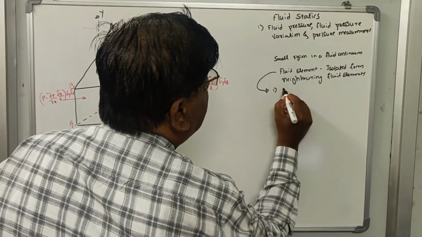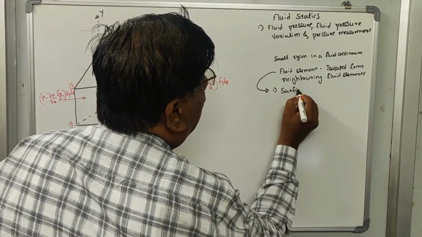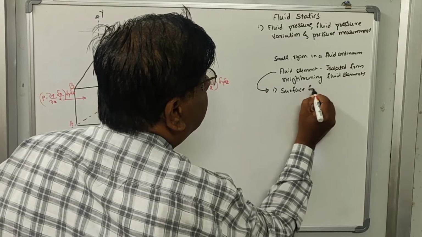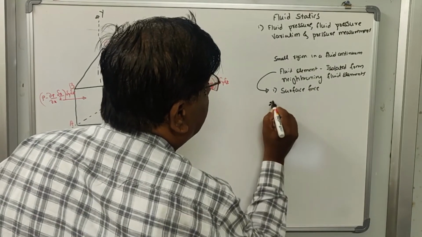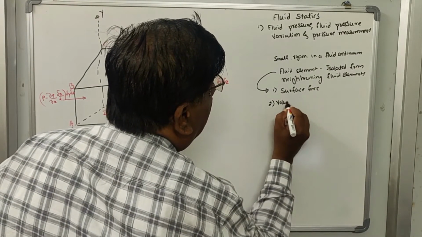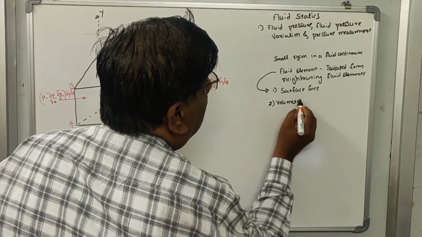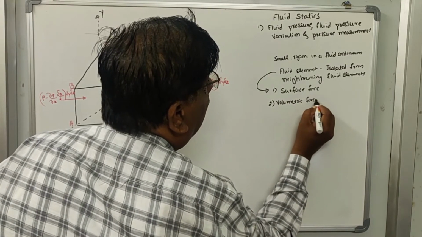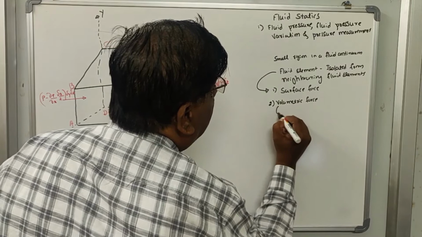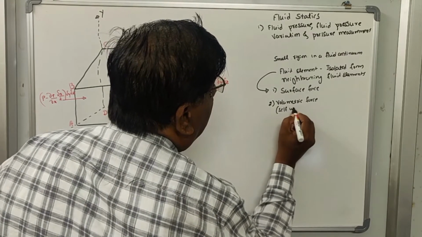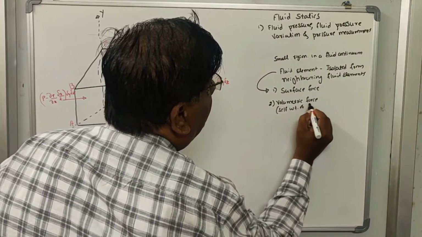One is the surface force and another is the volumetric force, or you can say the self weight of the fluid element.